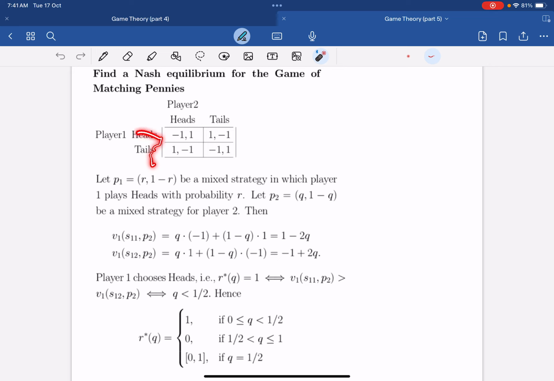And the payoff for choosing tails is minus 1 plus 2Q. So you only choose heads if this is greater than this payoff. And for this to be greater than this payoff, Q has to be less than half.